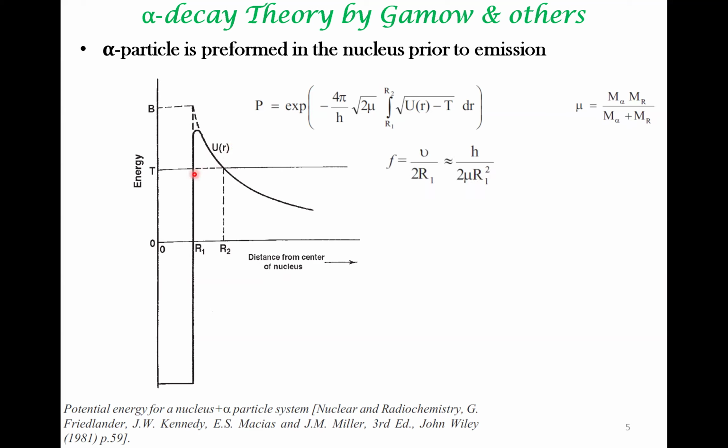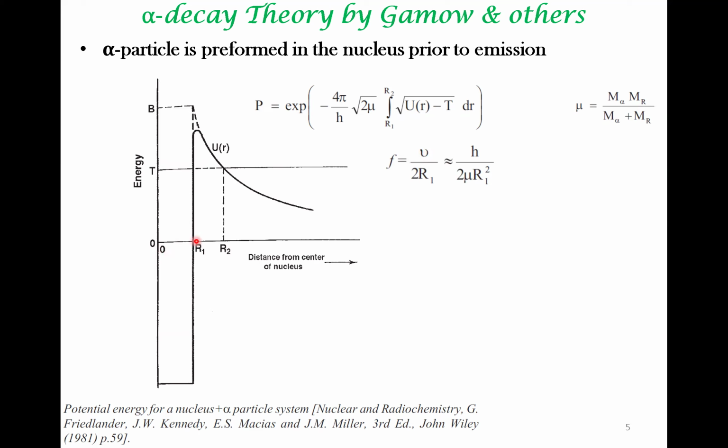Next is, how do we think about the rate? The rate will depend upon the attempt frequency, the number of times the particle tries to cross the barrier, times the probability of crossing the barrier. So we need to find the attempt frequency. How do we get it? If we know the velocity of the particle, which you may know from the kinetic energy, we can find the time taken for the particle to cover this distance.